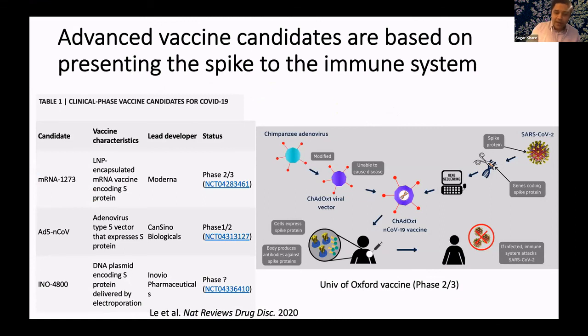And so vaccine development is sort of also going ahead with exciting pace. And most of the vaccines that are in phase 2 or 3 have to do with the spike protein. So the Moderna vaccine involves giving mRNA corresponding to the spike protein, and the University of Oxford vaccine involves delivering DNA in these adenovirus vectors from chimpanzees.